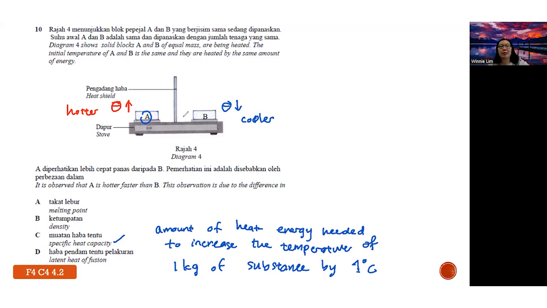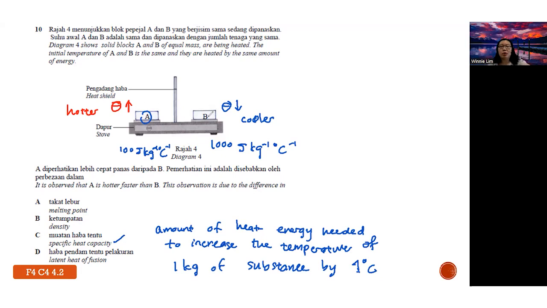So basically A and B, they are supplied with the same amount of heat. So I show you the idea basically. Assuming block A has 100 joule per kilogram per degree Celsius, while B has 1000. All these values are specific heat capacity, and they are a constant. All materials have their own specific heat capacity.